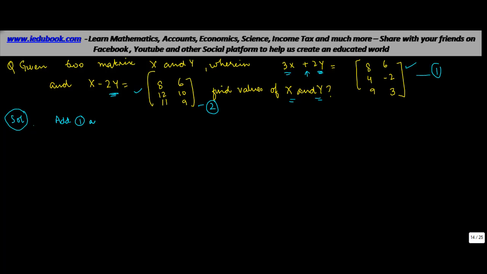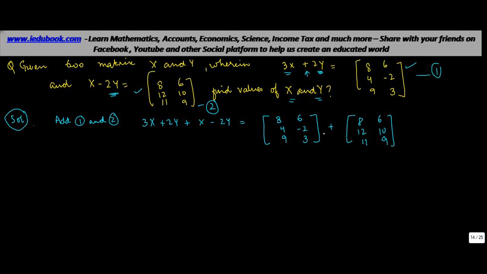Add 1 and 2. So what you will get: 3x plus 2y plus x minus 2y is equal to [8, 4; 9, 6; -2, 3], the right hand side of equation 1, plus [8, 12; 11, 6; 10, 9], the right hand side of equation 2.